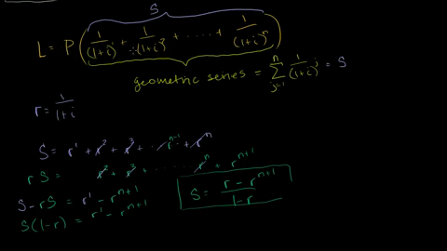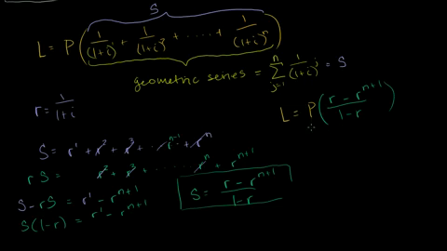So now we can rewrite this whole crazy formula. We can say that our loan amount is equal to our monthly payment times this thing, I'll write it in green, r minus r to the n plus 1, all of that over 1 minus r.